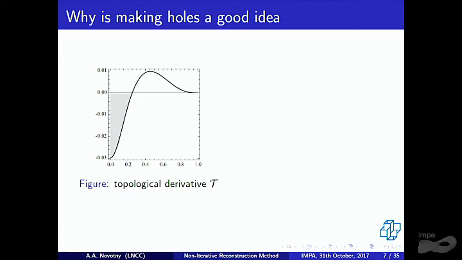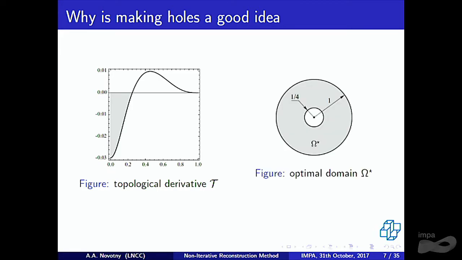However, if we compute the topological derivative, we get this profile. And the topological derivative is saying that we have to make holes in the center of the disk. In particular, if we take the threshold of the topological derivative where it is negative, and we make a hole, then we get the optimal solution in one step.